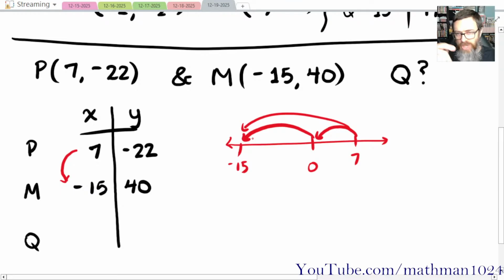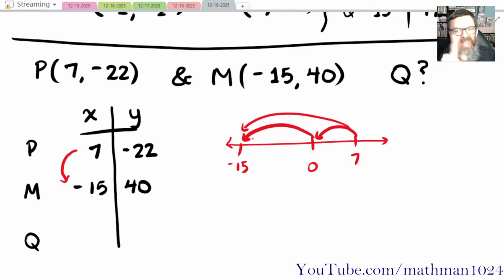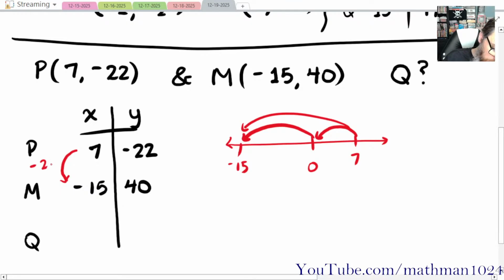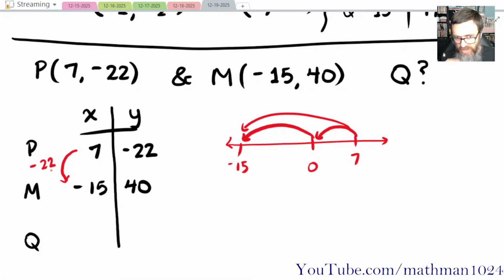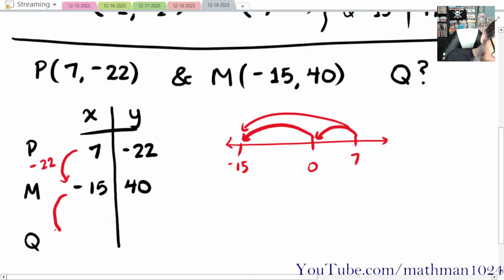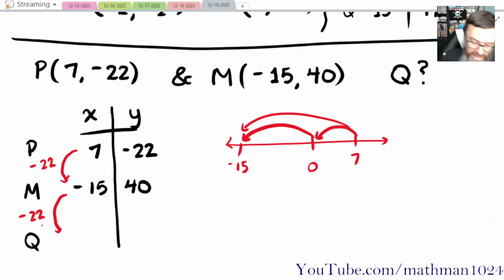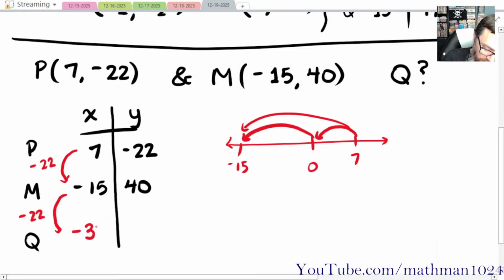So that total change as I go backwards 7 and then backwards 15 is going to be a change of minus 22, which means it's negative 22 change for my x coordinate to get to the midpoint. So to get to the other endpoint, I'm going to subtract 22 again. So we've got negative 15 minus 22. These guys are both negative, so we have negative 37 for the x coordinate.